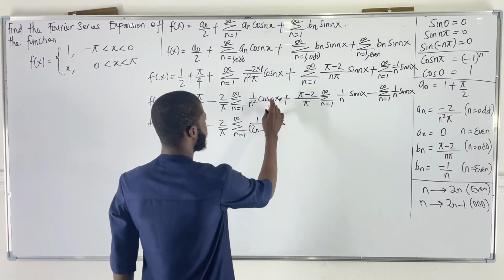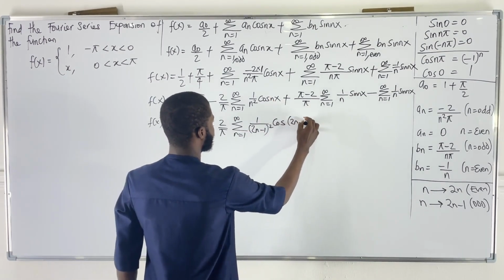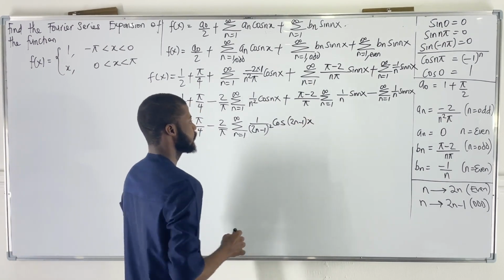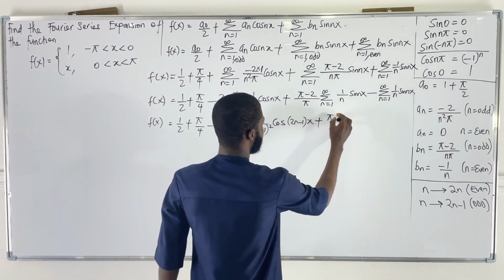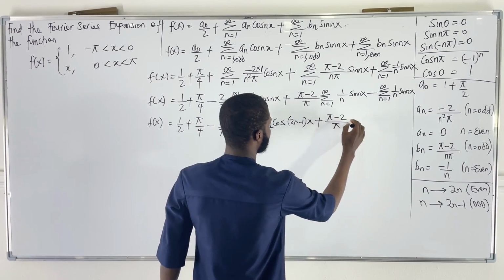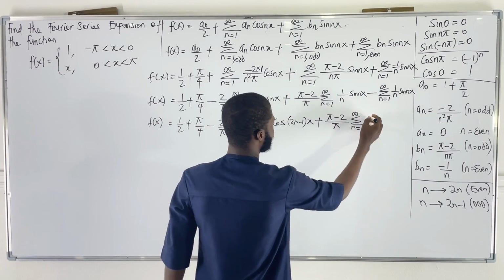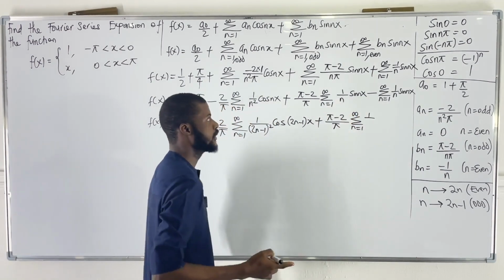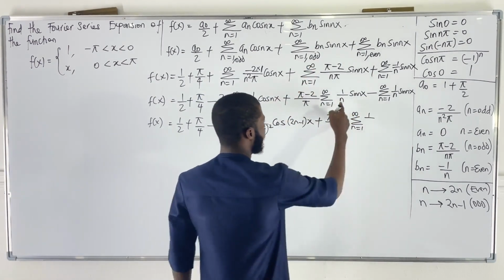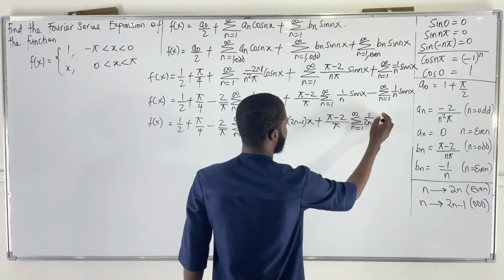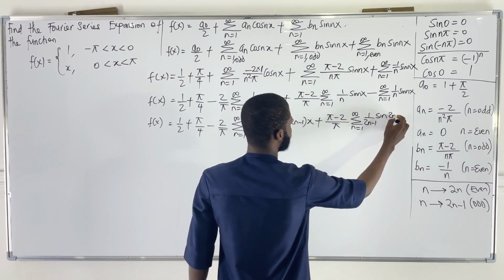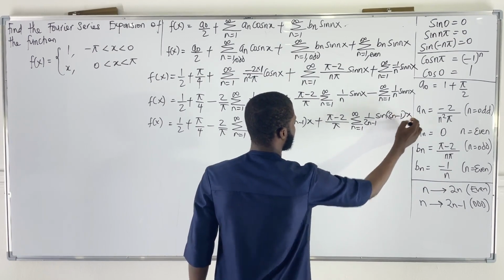And then cosine of the n here will become 2n minus 1 x plus pi minus 2 over pi, then the sum from n equal to 1 to infinity of 1 over, this is also odd. So the n here will be 2n minus 1 sine of 2n minus 1 x.